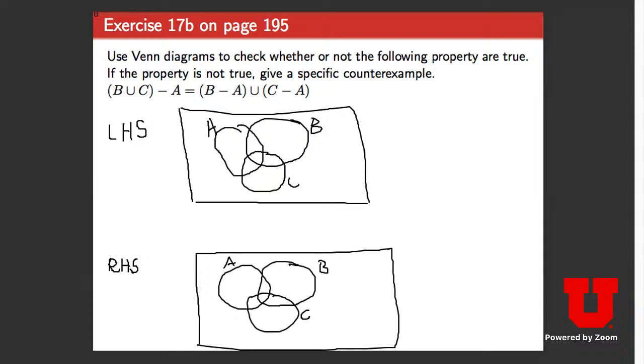Okay. So what I did is I took this first part right here, the B union C, and I made sure, so that's just combining both of these sets right here.